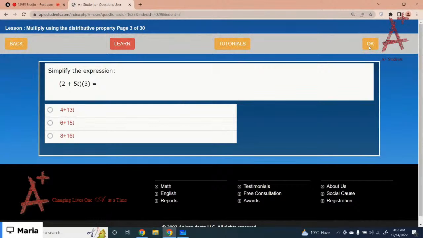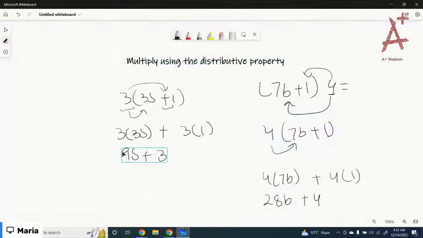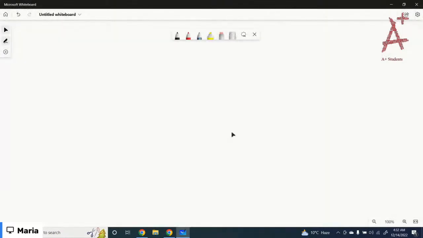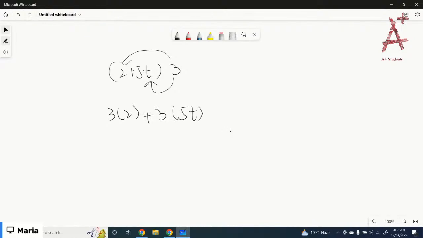Okay, (2 plus 5t) times 3. You have to do 3 times 2 and then 3 times 5t. So 3 times 2 is 6 and 3 times 5 is 15.